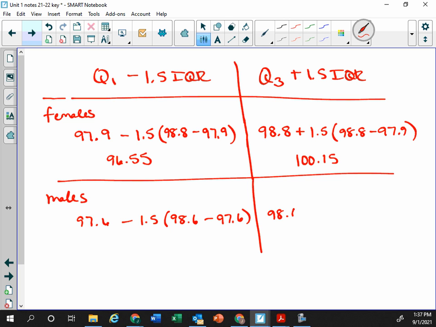And then we'll do the same thing for the maximum. All right, what'd you get for the lower end boundary? Again, I don't have my calculator up here. Trusting you guys.